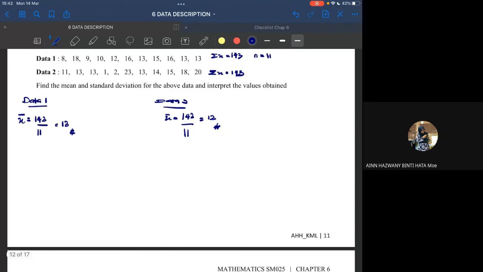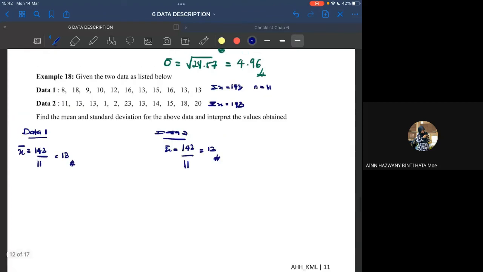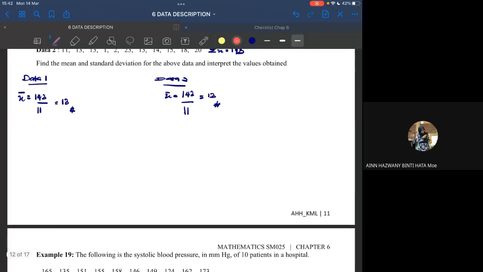So now to find the variance, we need the summation of X square. So summation of X square untuk data 1 dapat berapa? 1957. Summation of X square untuk data 1, 1957.